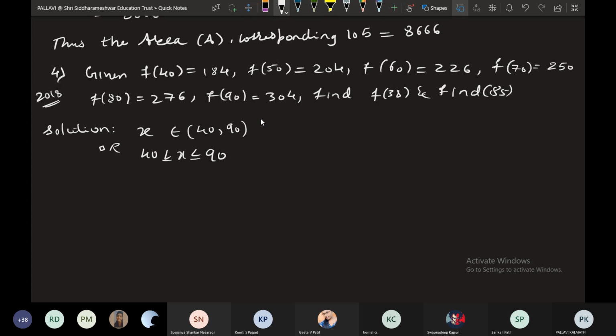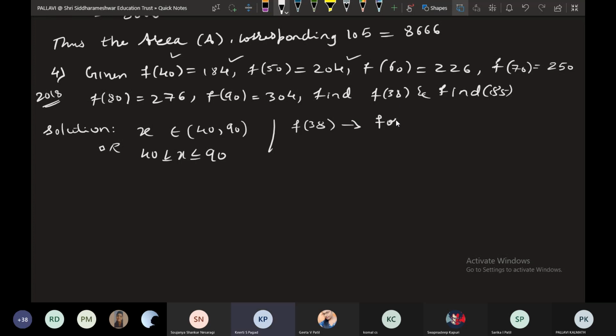Then the respective values are values of what? Y. So respective to x naught you will have y naught, x1, y1, and so on for all the values. Now, what have they told you to find? f of 38 and f of 85. For f of 38, which formula will you use, backward or forward?